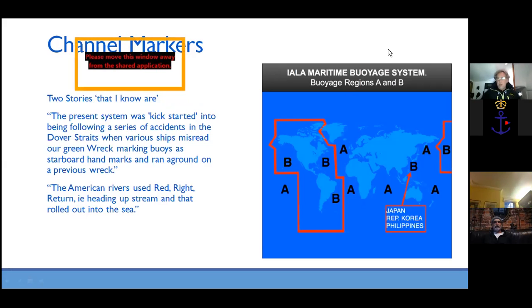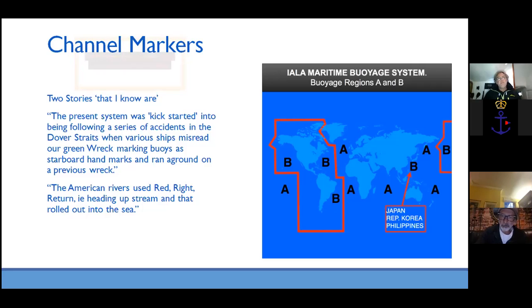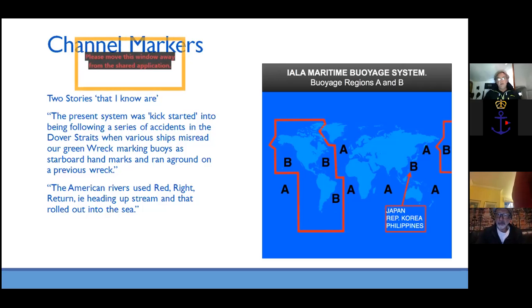Now, there are lots of stories, and I don't know if we're going to ever find out what the true reason is. These are some that I know of. The one is the present day system was kick-started following a series of accidents in Dover Strait, when a series of ships misread our green wreck marker buoys as starboard hand marks and ran aground, creating another wreck. Now, that was an American thing, and then they moved the lights around.